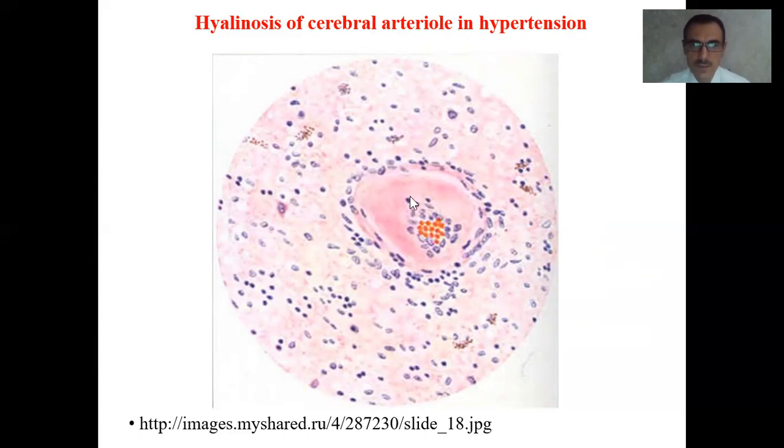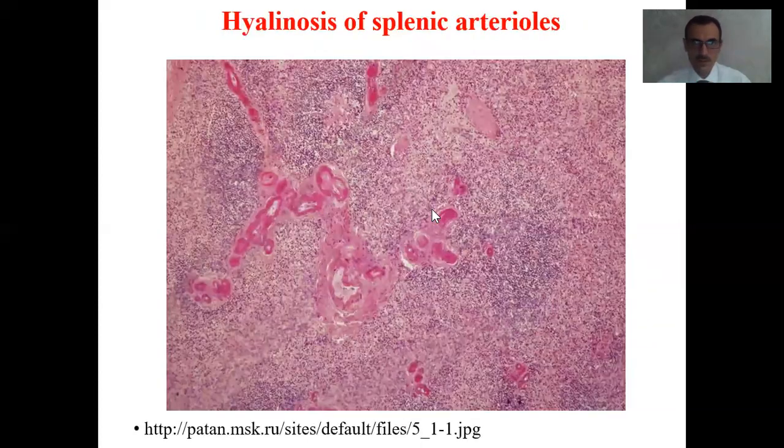This is the vascular hyalinosis, and the lumen of this arteriole is very narrow. During hyalinosis, the splenic arterioles also show the accumulation of hyaline substances in their walls.